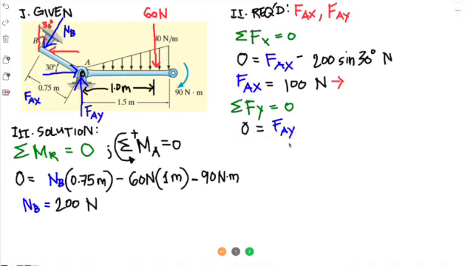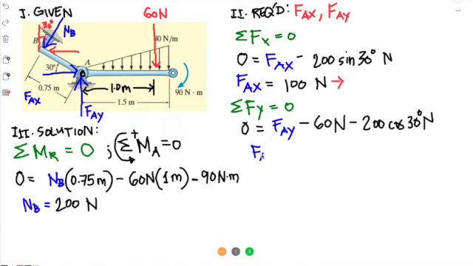I prefer to list the positive values first, but it doesn't matter if you list the negative values first, you will still arrive at the same answer. So we have negative 60 newtons, and the y component of NB, which is adjacent to 30 degrees, so that's cosine. That is negative 200 cosine 30 degrees.